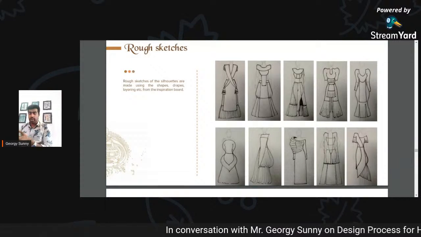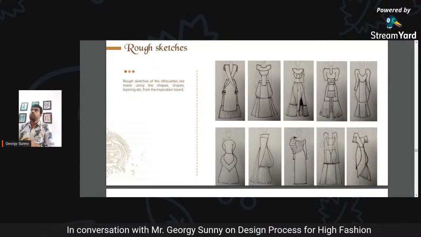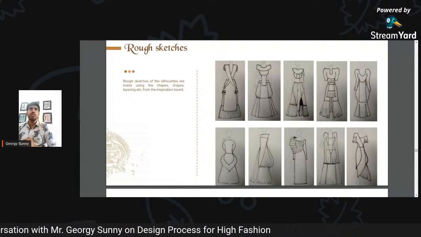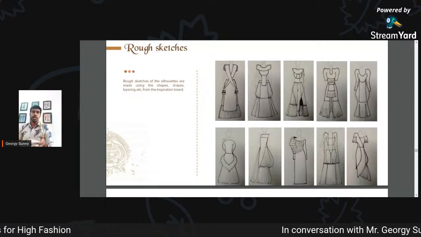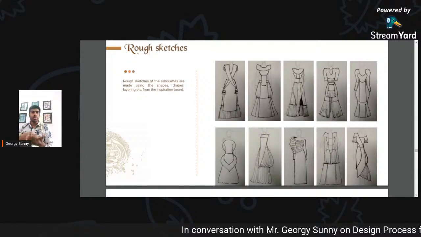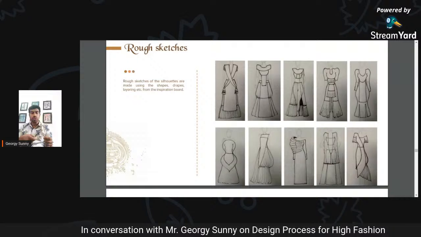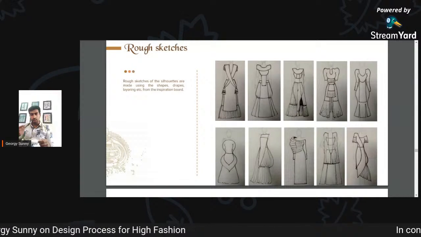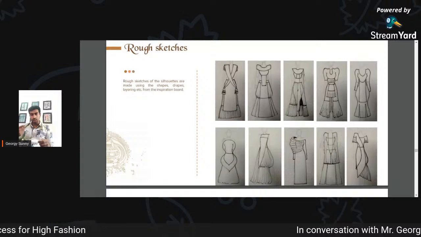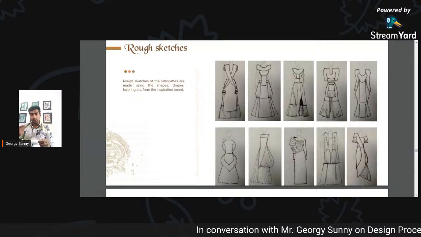And one thing I want to highlight for the faculty part is that you always give some input for the students. Maybe you can set some sort of time, like 1 minute, for how much they can see their inspiration board and quickly draw. For example, you ask the student to quickly draw one sketch, then second one, third, like that. You can plan that exercise in the class.